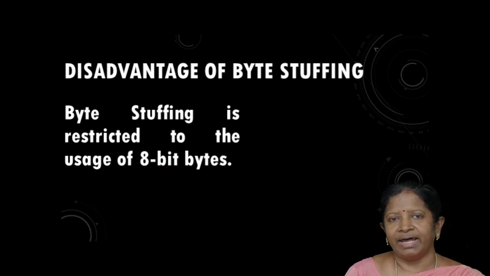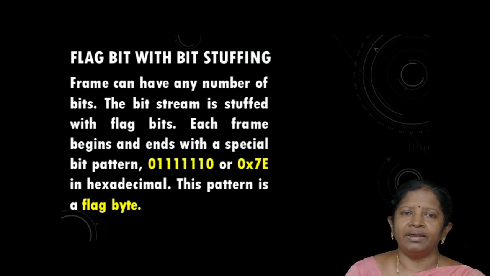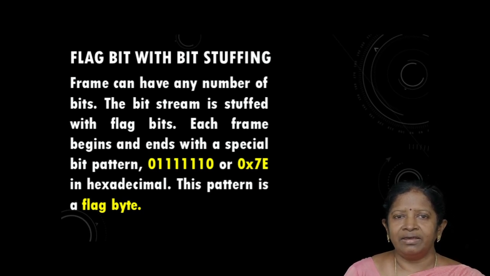So we go for one more method called bit stuffing. Here also we are including the same delimiter, starting the frame with 7E, ending the frame with 7E. But suppose inside the data we have consecutive ones. What will happen? It may be treated as the end of the frame.